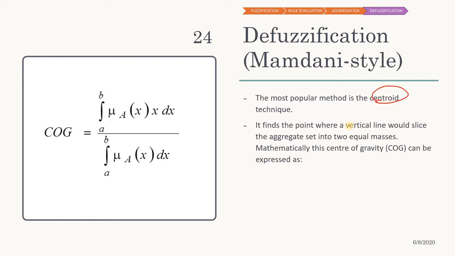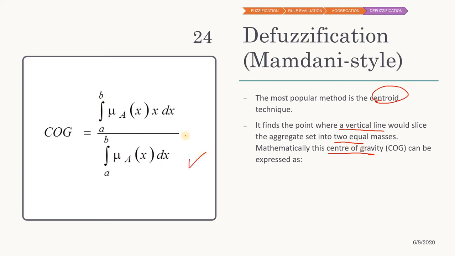Okay, and then it will find a point where a vertical line would slice the aggregate set into two equal masses, and mathematically this center of gravity can be expressed as this one.